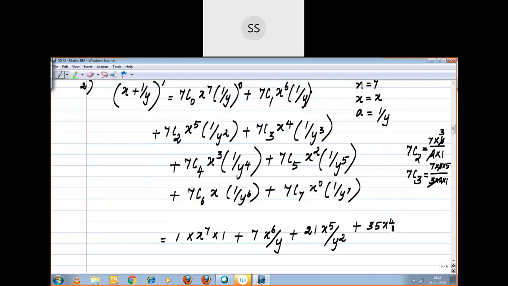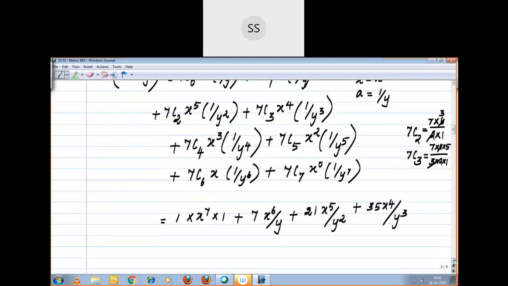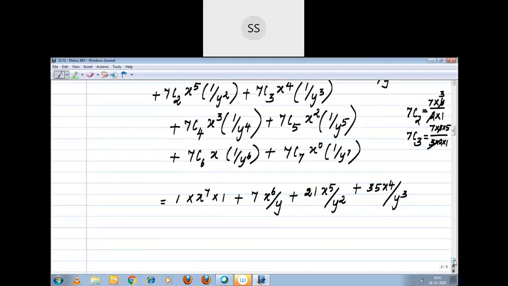So 35. 35 x power 4 divided by y cube plus 7c4. 7c4 equal to 7c3, got it, children? nCr equal to nC(n minus r).